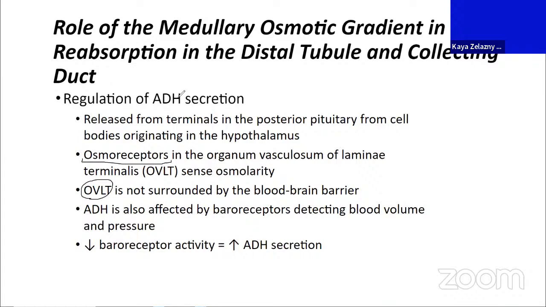But if you have a drop in blood pressure, a drop in blood volume, you pull more water into the blood, it's going to puff up. You've got more volume, you've got more pressure back in your circulatory system. So the reason this has a down arrow next to the baroreceptor activity is that the baroreceptors fire fewer times per minute. You can think of it as when the pressure and volume in the circulatory system is lower.